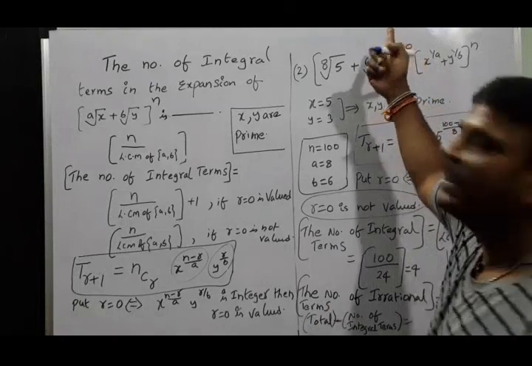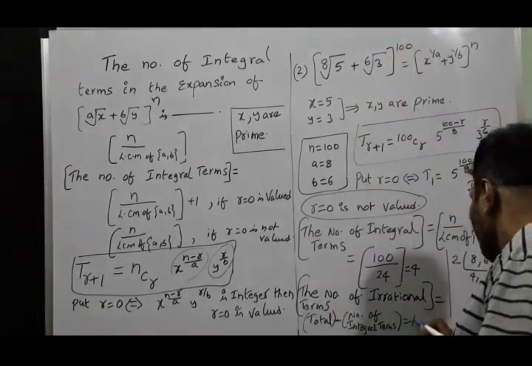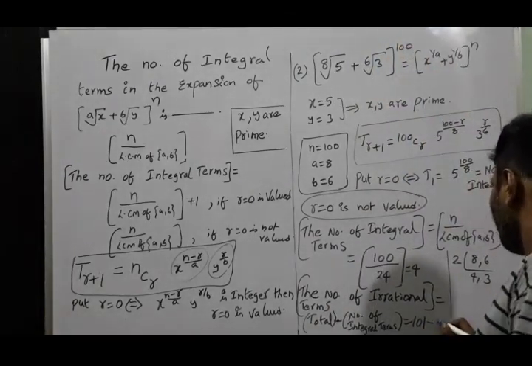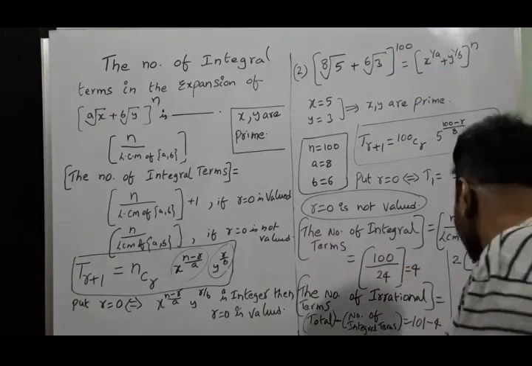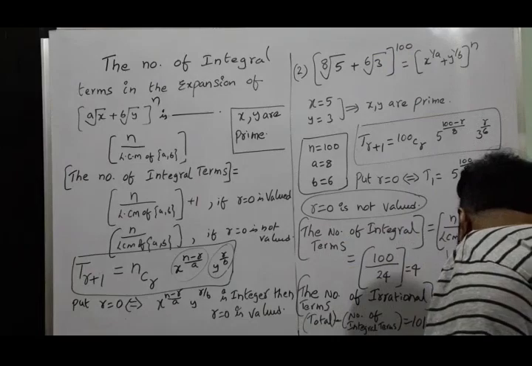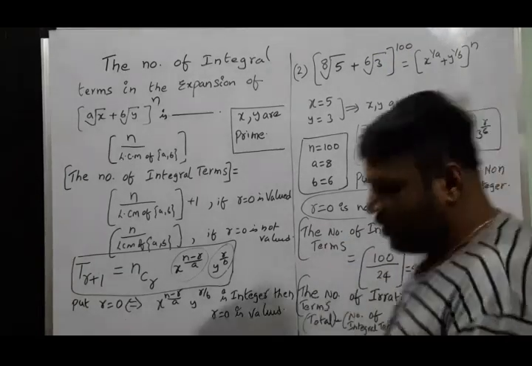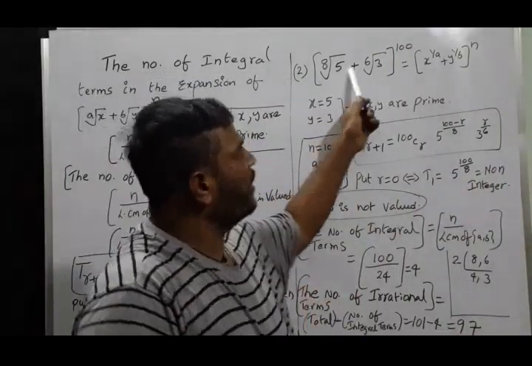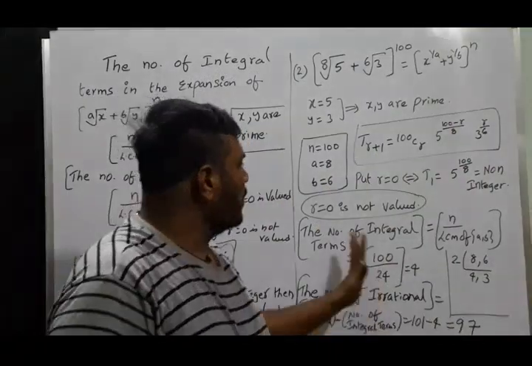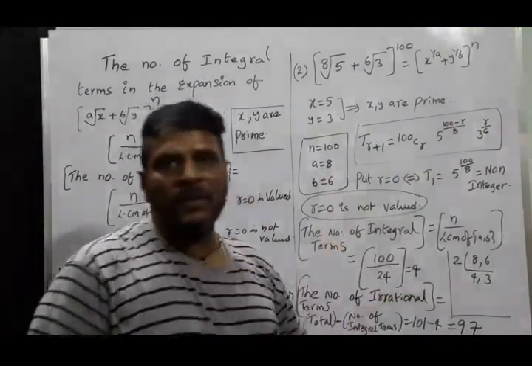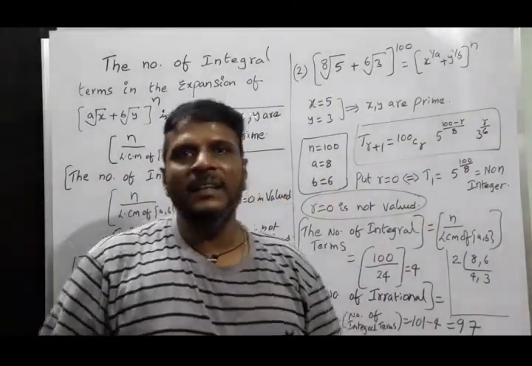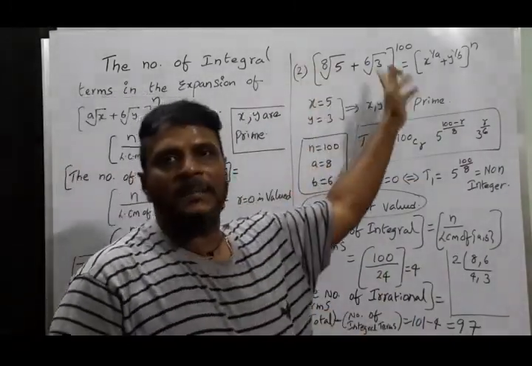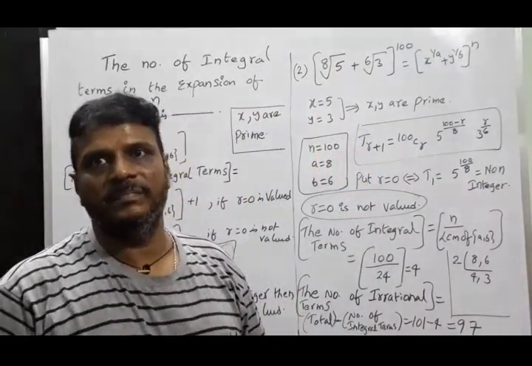N plus 1. Here n is equal to 100, so 101 minus 4, since the number of integral terms is 4. That is equal to 97. So in this expansion we will get the number of integral terms is 4, the number of irrational terms is 97, and the total number of terms in this expansion is 101.